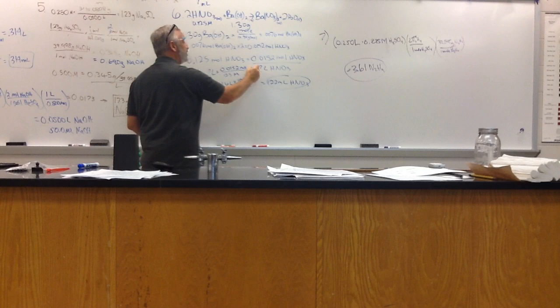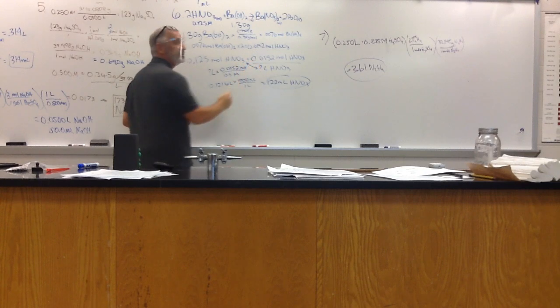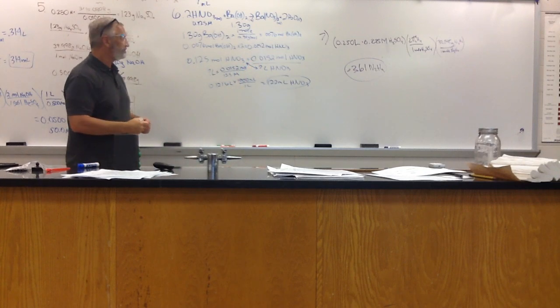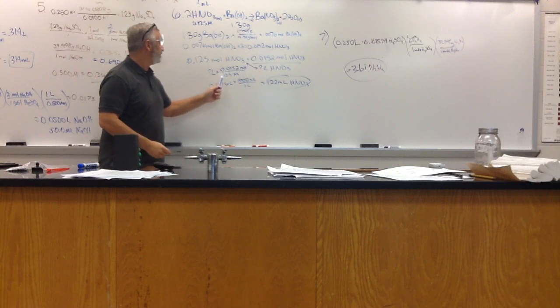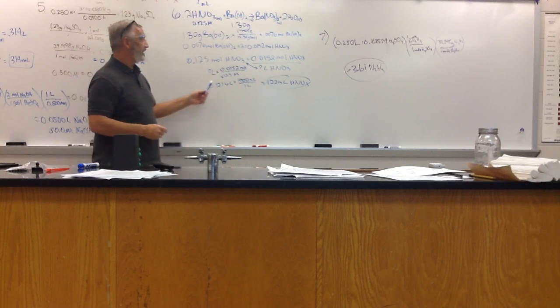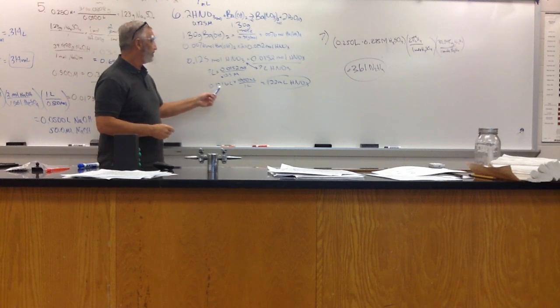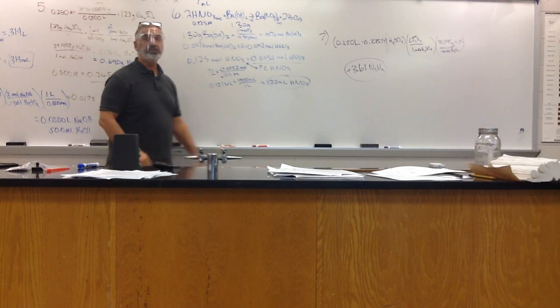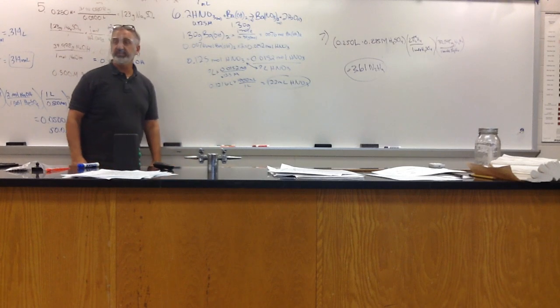So then these two are just going to swap places doing the algebra. So it's going to be 0.0152 divided by 0.125, and that's going to come out to equal 0.1216 liters, change that to milliliters. That looks right to me.